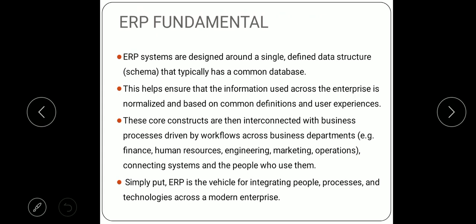Now, coming to the ERP fundamentals, ERP systems are designed around a single defined data structure or schema that typically has a common database. So this helps ensure that the information used across the enterprise is normalized and based on common definitions and user experiences.